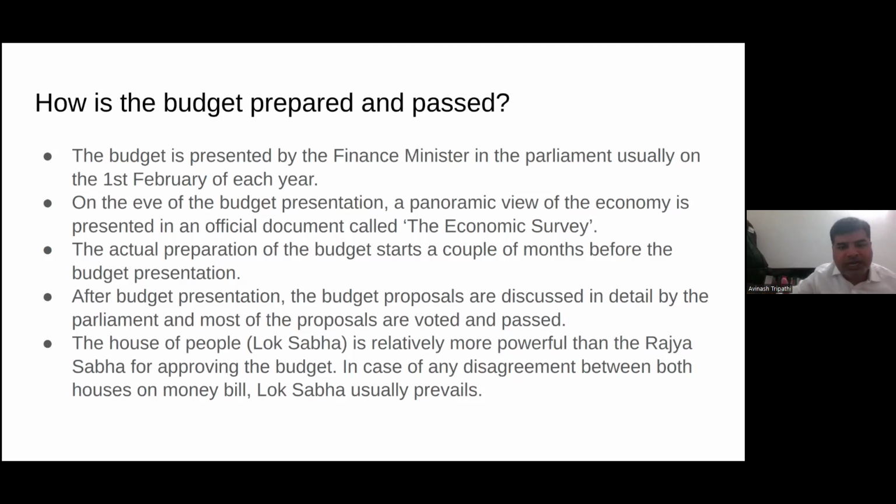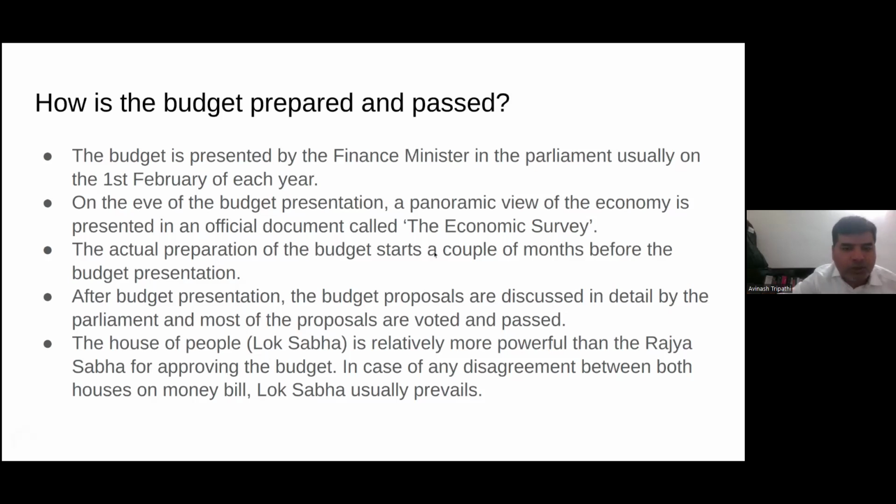Expenditure proposals are sought from the different ministries, how much you are going to spend, and they are combined into a single proposal so that it can be forwarded to the parliament. So this entire process starts a couple of months before the actual budget is presented. After the budget is presented, the budget proposals are discussed in detail by the parliament and most of the proposals are voted and passed.